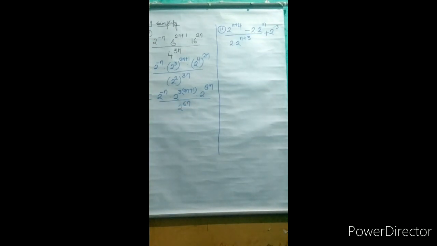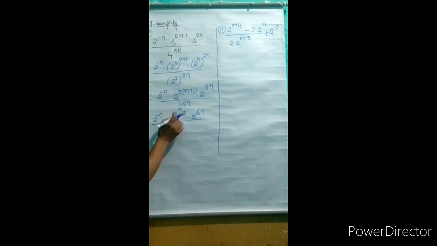So next what you can do, multiply inside this, and the rest of the things you can copy as it is. Here 2 raised to power 6n plus 3, 2 raised to power 8n, 2 raised to power 6n.